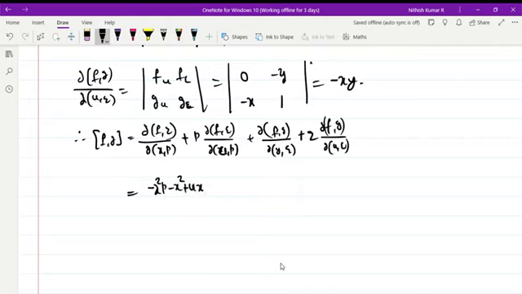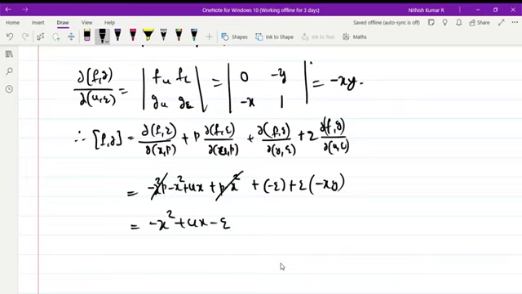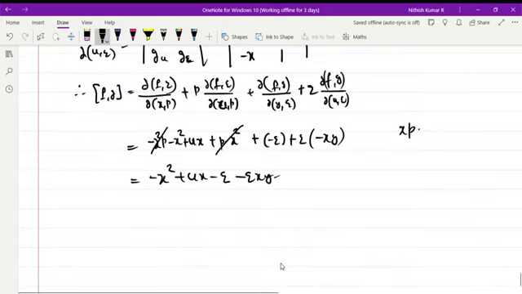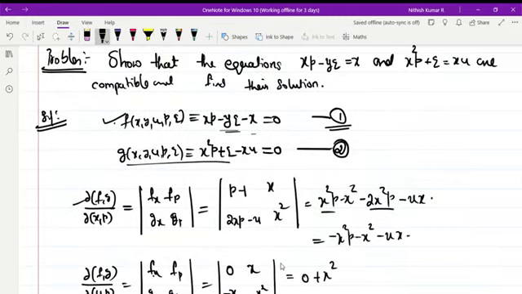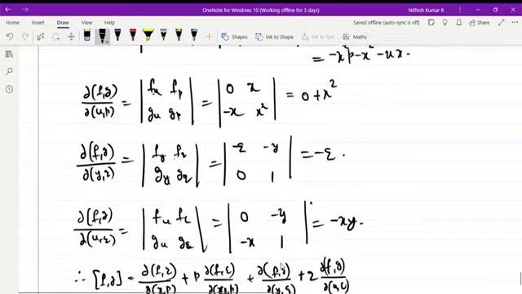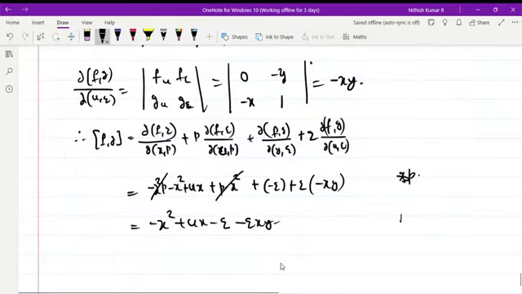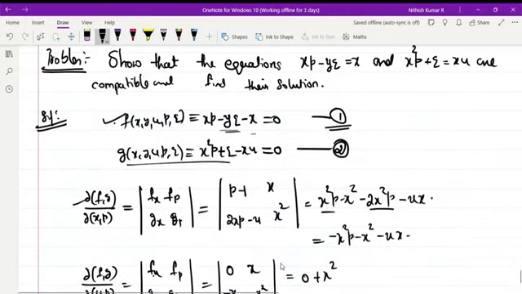So we get minus x into y. Therefore [f,g] equals ∂(f,g)/∂(x,p) plus p times ∂(f,g)/∂(x,u) plus ∂(f,g)/∂(y,q) plus q times ∂(f,g)/∂(u,q).